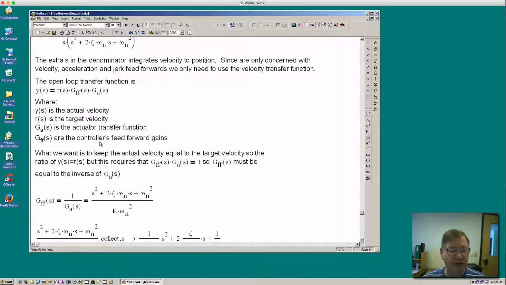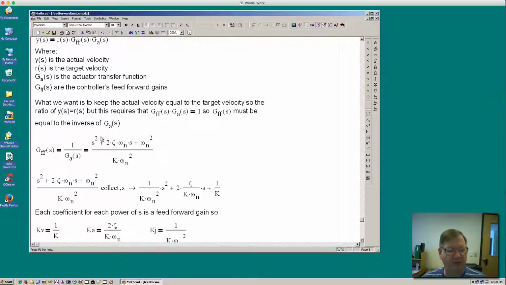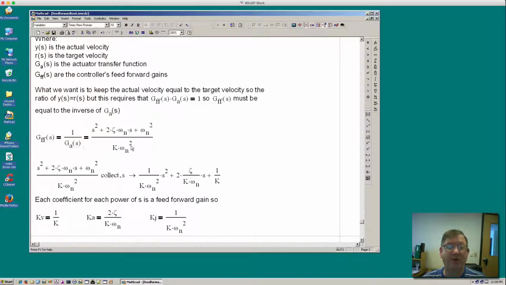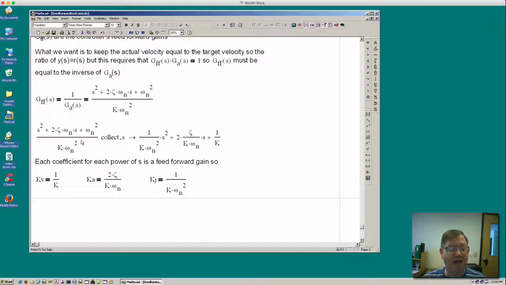So therefore, the open loop gains have to be the inverse of the actuator model. So what we've done is we've taken the actuator model and we've inverted it here, and then we've expanded it out to get powers of s again. So now, since we have an extra s to the second power, we've got 3 terms here.